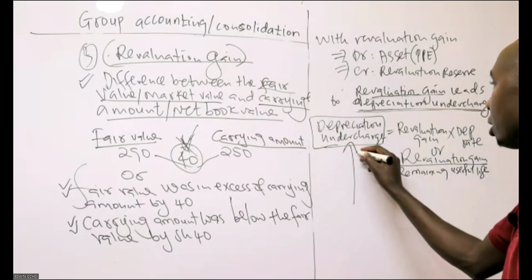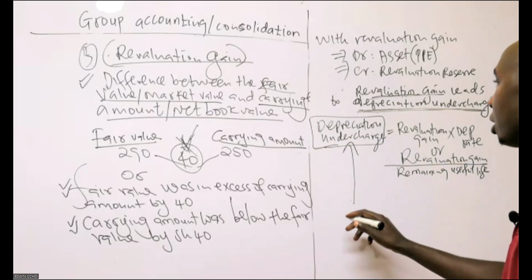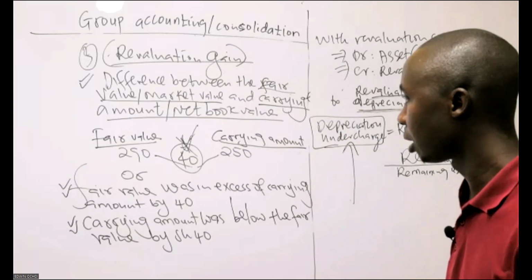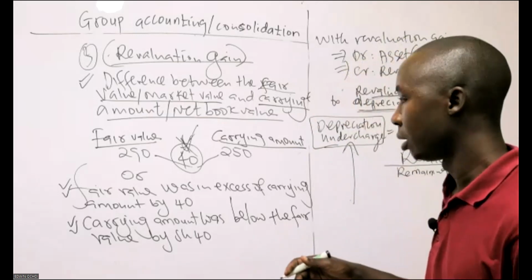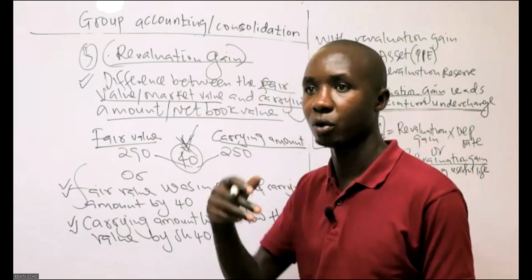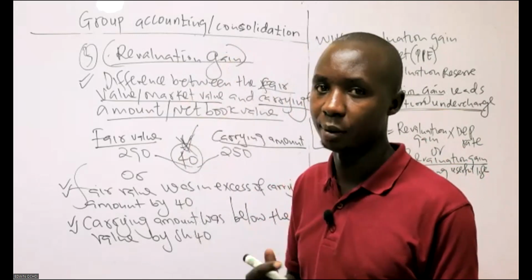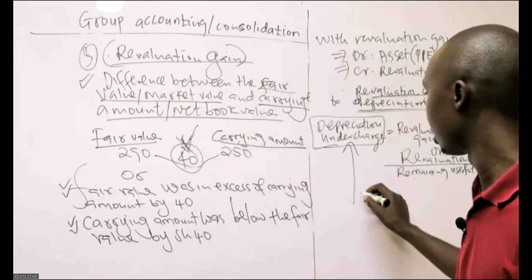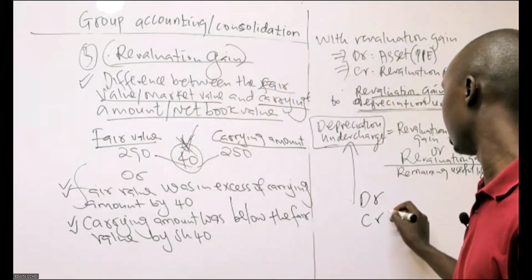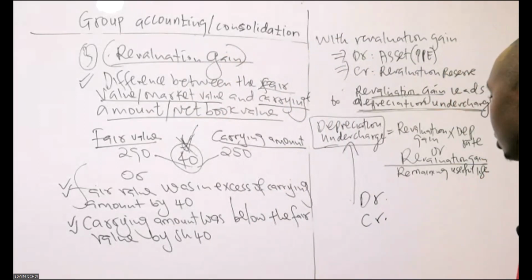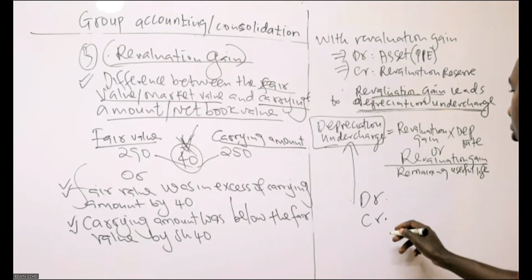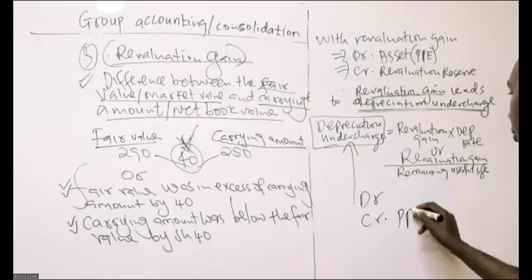Depreciation undercharge. So remember that if initially we did an undercharge, our asset was overstated. At the same time, the profit was overstated. So we have to correct that. How would I correct this? So debit and credit. If the asset was overstated, I have to deduct.